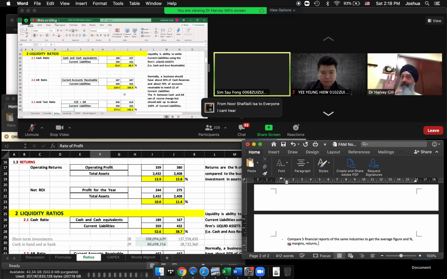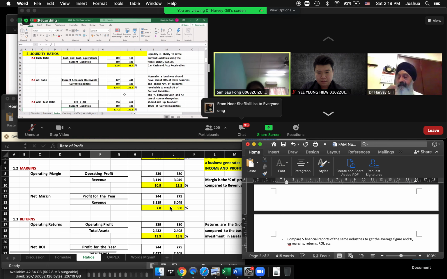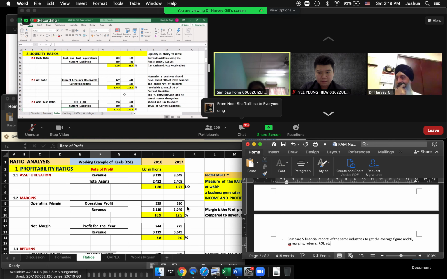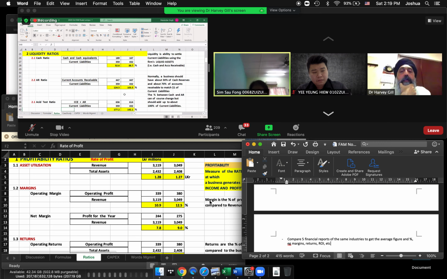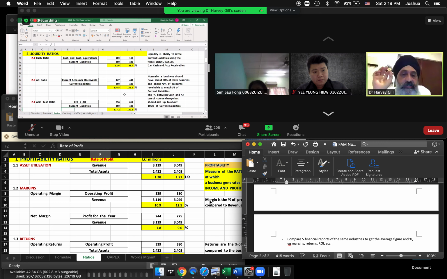Doctor, just now you mentioned we need to read at least 5 years of reports. So let's say now we choose one public listed company, we go through the 5 years report. How about the competitor? It also needs to be a public listed company too. Then it might be a lot. I did not say 5 years. I said 5 different companies.